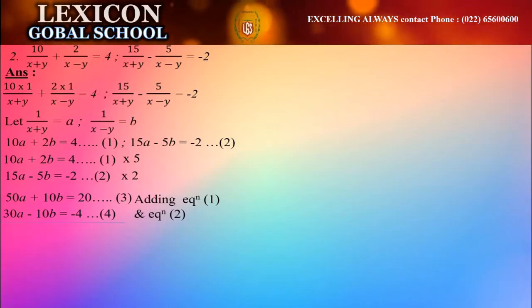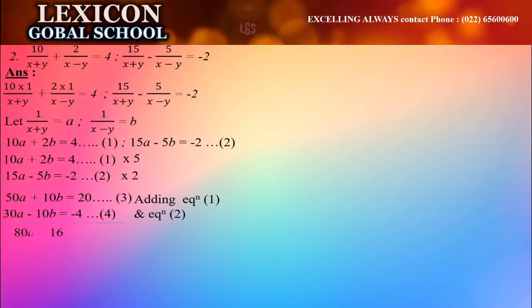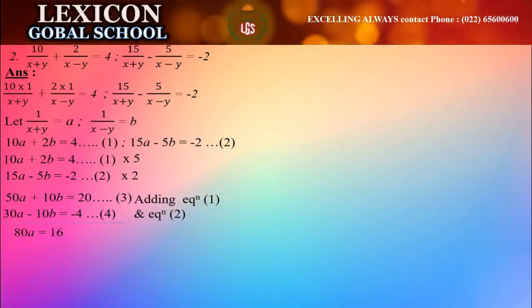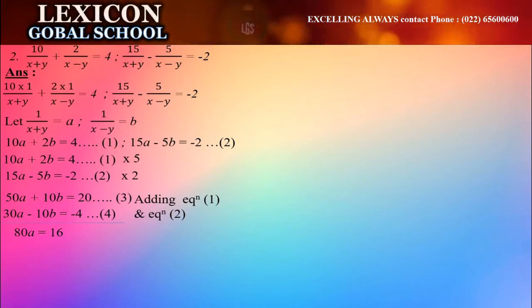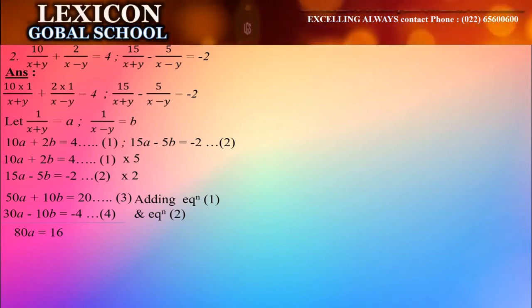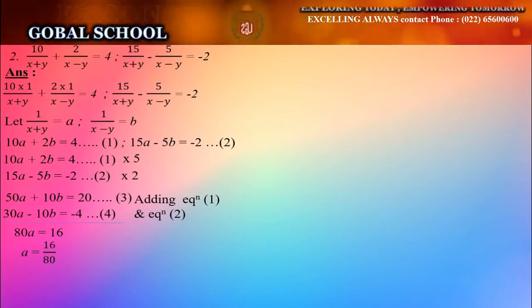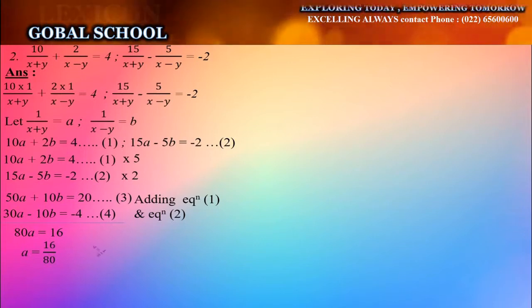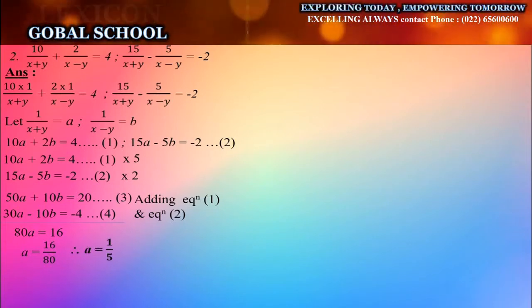When we add equation 3 and equation 4, 50 plus 30 would give me 80a. The variable b would get eliminated. 20 minus 4 will give me 16. Therefore, a is equal to 16 upon 80. a is equal to 1 upon 5.